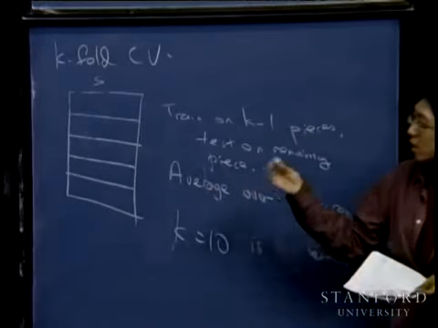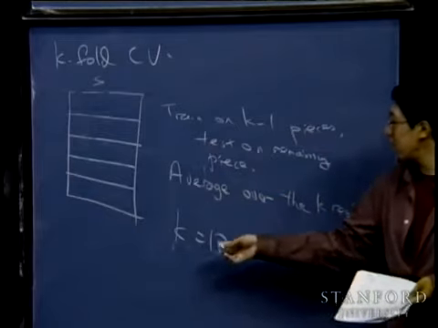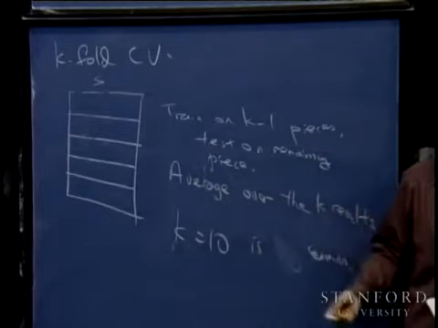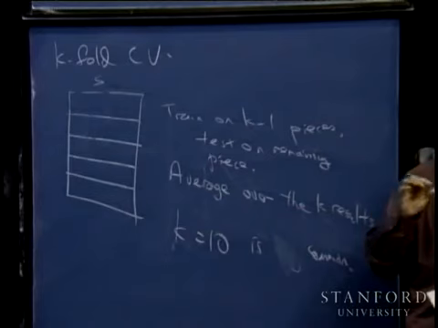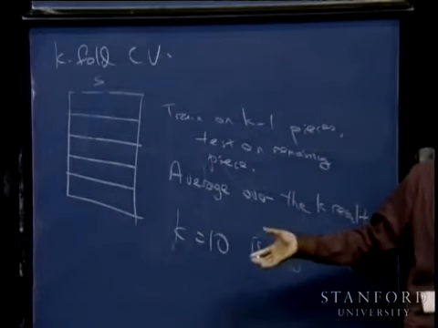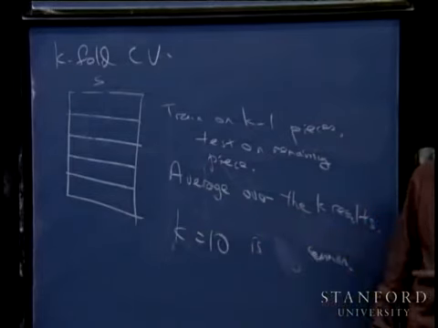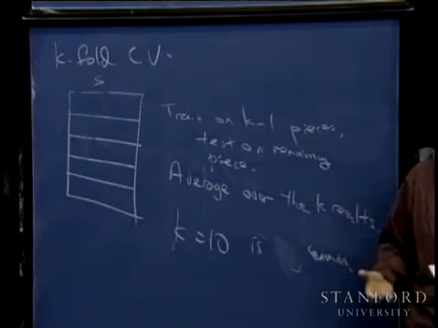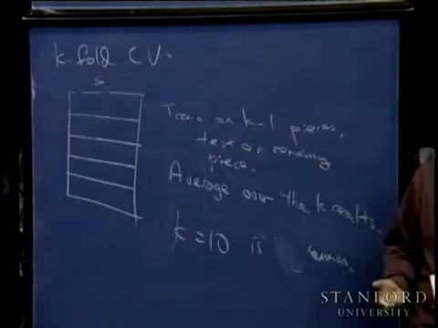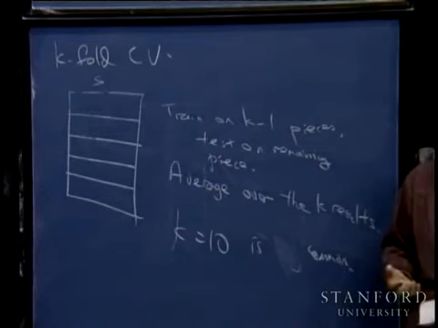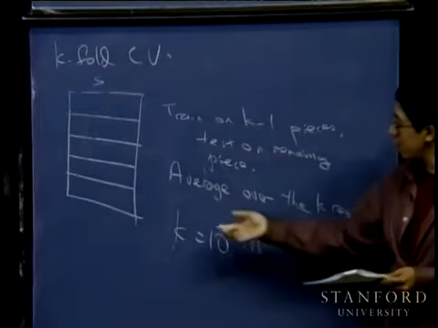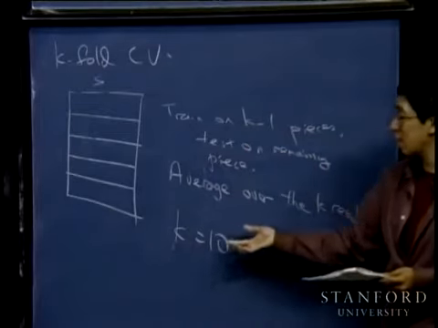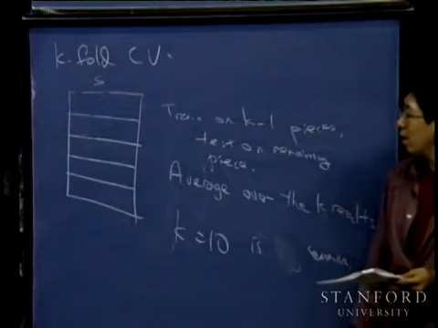The advantage of this over holdout cross-validation is that if you split your data into 10 pieces, then each time you're only holding out 1/10 of your data rather than, say, 30% of your data. In simple holdout cross-validation, a 30-70 split, or a 2/3, 1/3 split, is fairly common. And if you use k-fold cross-validation, k equals 5, or more commonly k equals 10, is the most common choice.